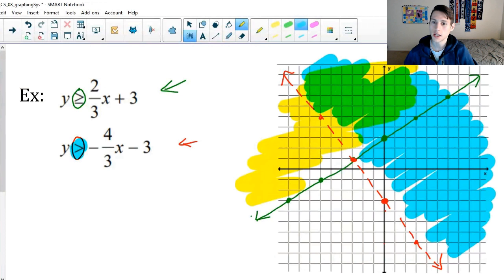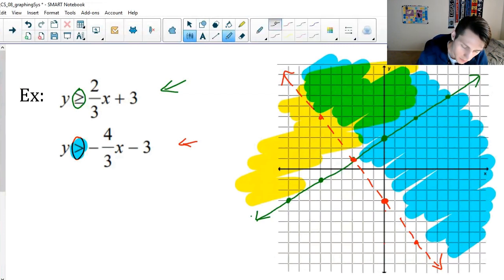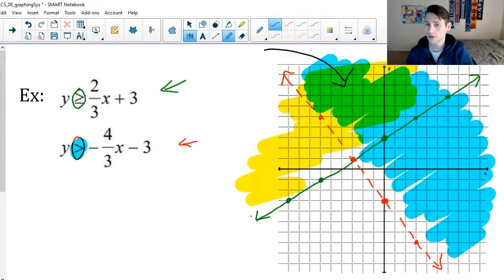I only want to shade the area where the shading intersects with each other. Right? What area would be shaded by both? And so we can see right now that that is this area right here. This area would have the yellow shading and the blue shading, right? Because it's above the green line and it's above the red line. Okay, that's the only area that does it.